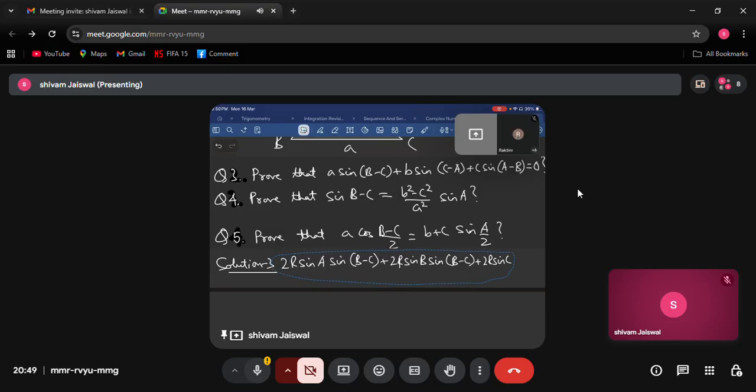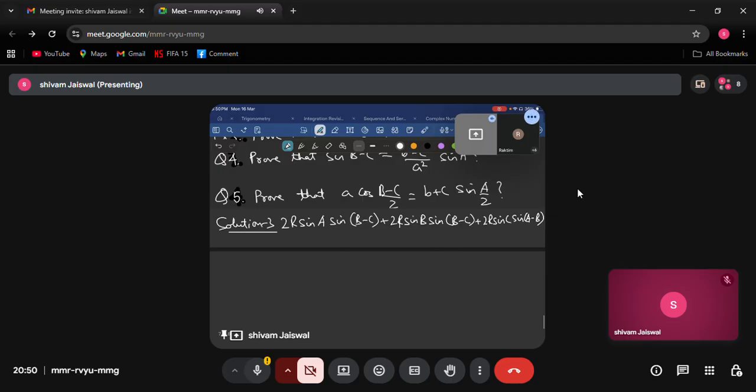Yes, sir. Now each of them, like sine A, can I write it as sine of pi minus B plus C? 2R common. Sine pi minus theta is equal to sine theta only. So it will be sine of B plus C into sine of B minus C.